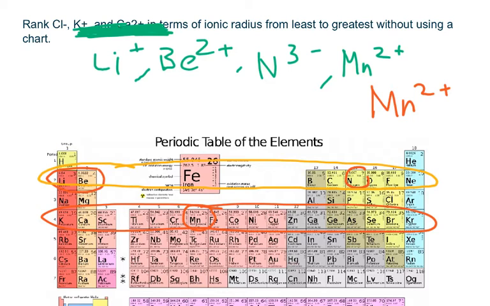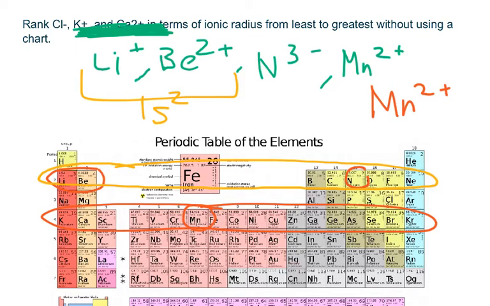Well, if you remember, the lithium and beryllium ions lost all their valence electrons, and therefore these two actually have the same electron configuration. These two have an electron configuration of 1s2, the same as helium, and that's why these two ions are stable.